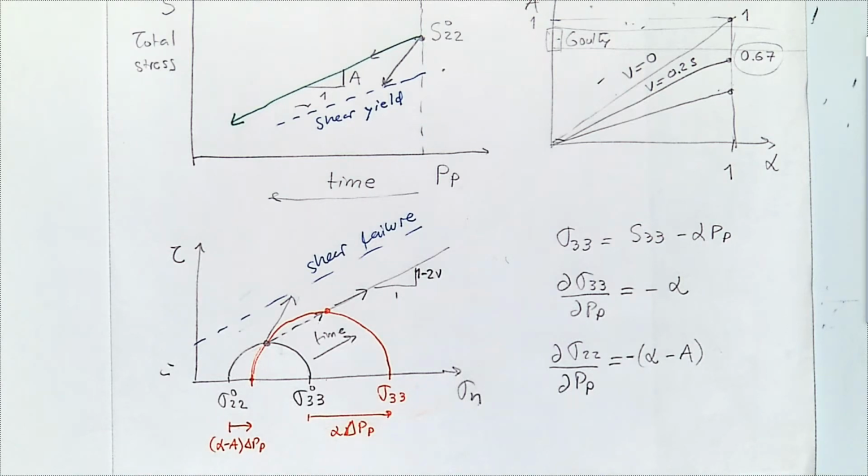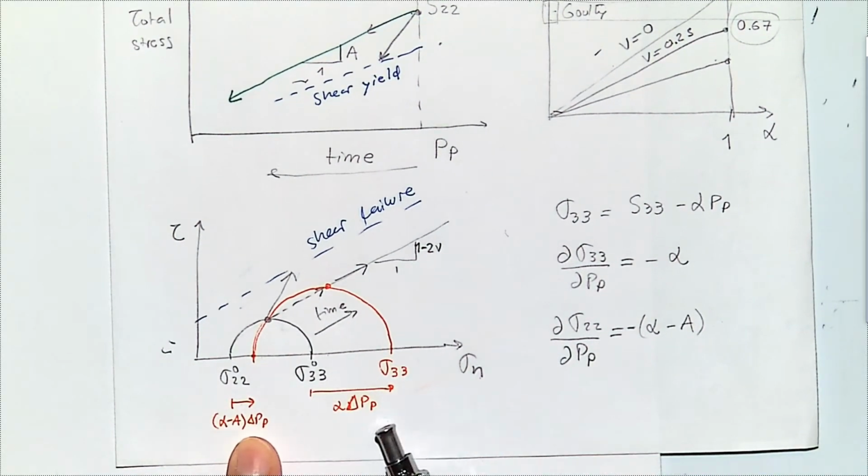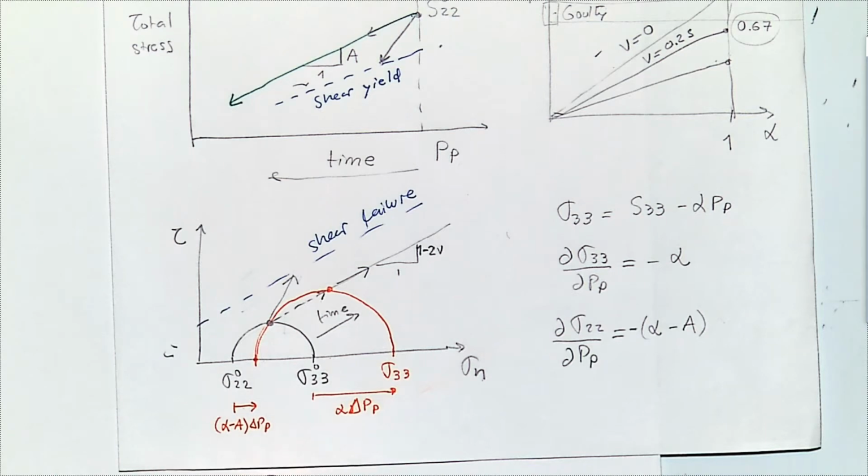So what we're saying here is that if we decrease the pressure, effective stresses are going to increase in both directions. And my question then is, can we increase effective stresses in both directions forever without any consequence, particularly to the reservoir?